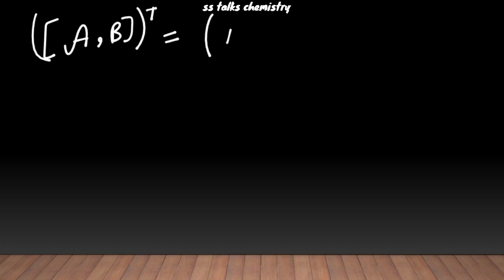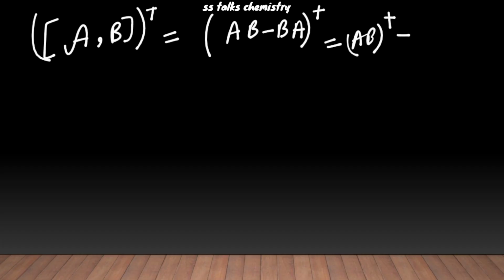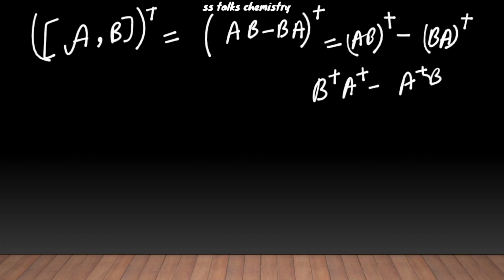So let's do it. To find whether it's Hermitian or not, I'll take the dagger of this commutator operator, which is equal to the dagger of AB minus BA. So it will be equal to (AB) dagger minus (BA) dagger, right? Now I know a property: (AB) dagger is B dagger into A dagger, minus A dagger into B dagger.